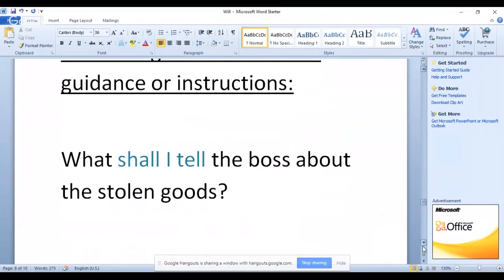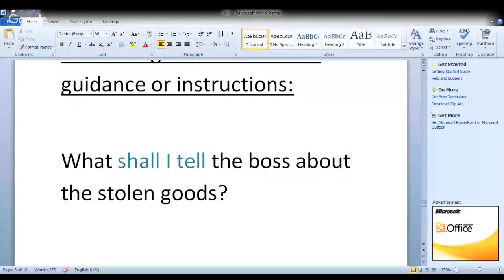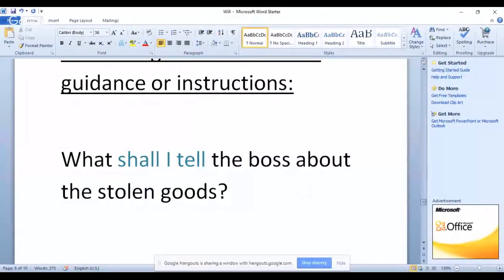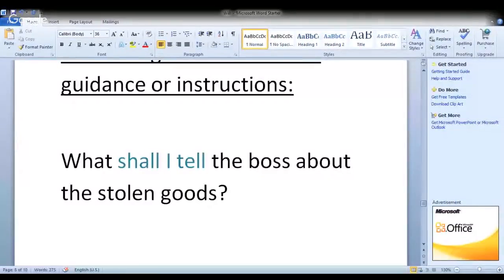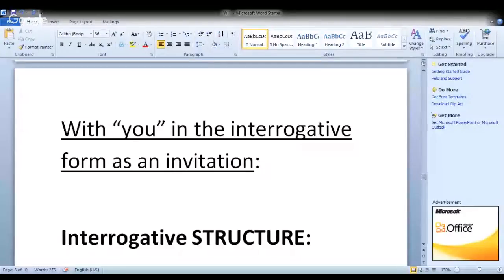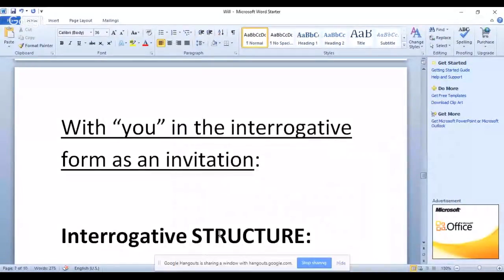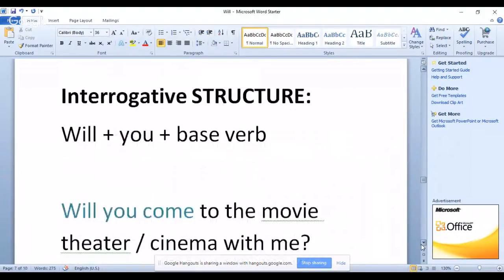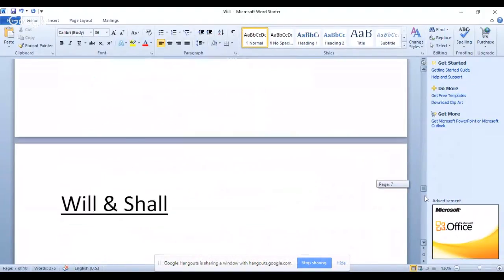Maybe instead of shall, we can use should. Mm-hmm. And that's the other important thing about this, is that we can also use should.